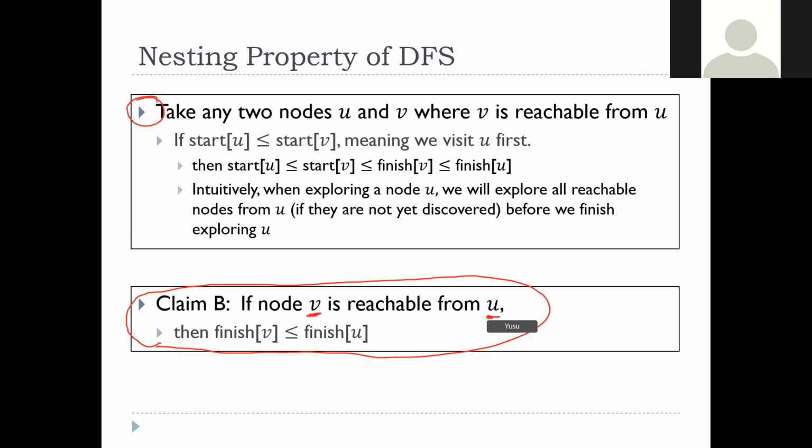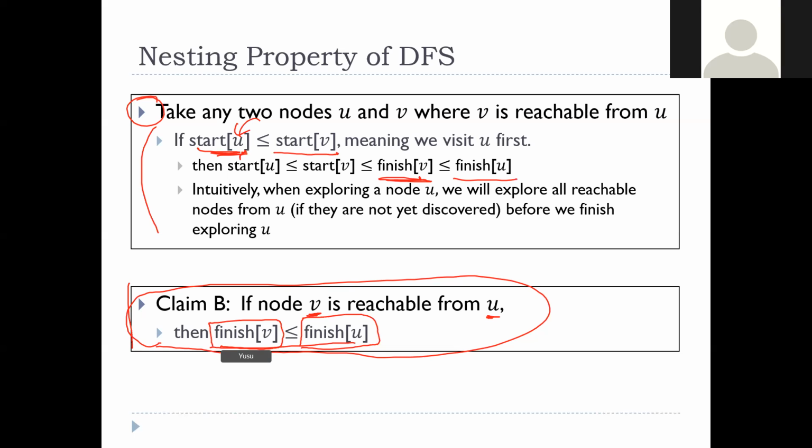Then the finishing time of V will always be earlier than the finishing time of U. Okay, so this is different from my statement here, because here I assumed the starting time of U is earlier than the starting time of V. If I discover U first, then we know that the finishing time of V has to be smaller than the finishing time of U. Okay, so this claim says that it doesn't matter what the relation between their start times is. Even if the start time of U is bigger than the start time of V, this finish time relation still needs to hold.